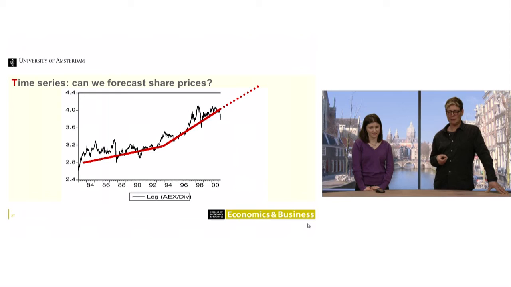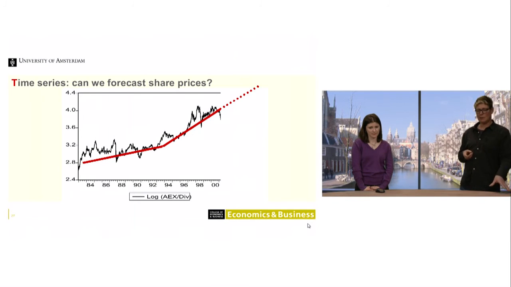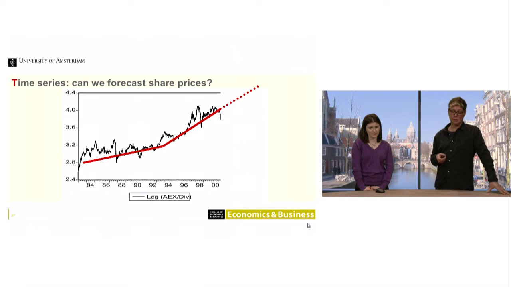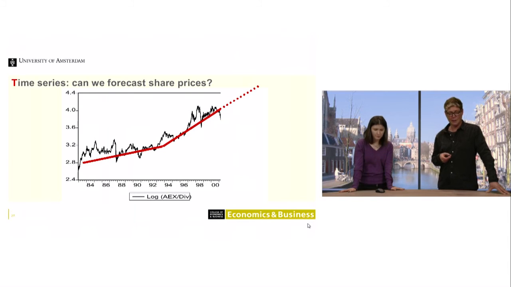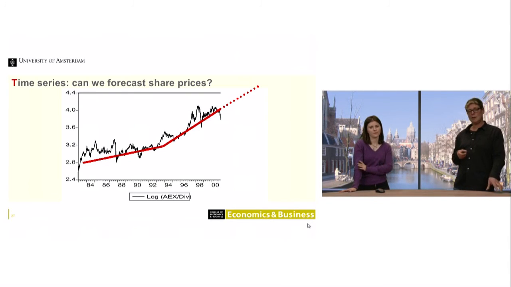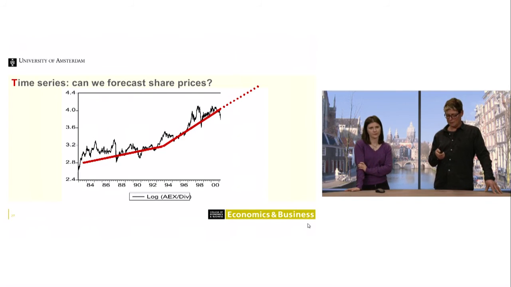Something else in econometrics? A different problem? Can we forecast share prices? Well, here you see the AEX. It's the Dutch index, how do you call it, on the Beursplein. You see data from the beginning of the 80s until almost 2000, and you see a steep increase of this index, and the question is, can we project this increase into the future?